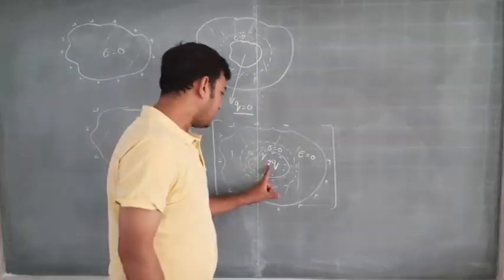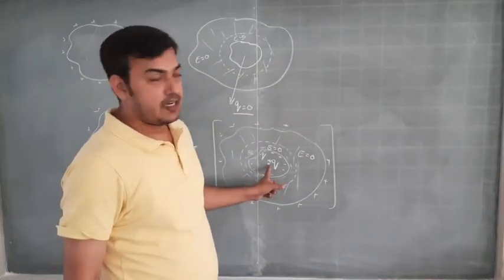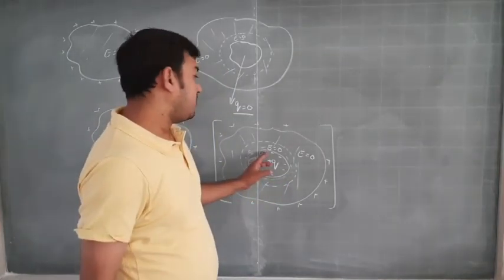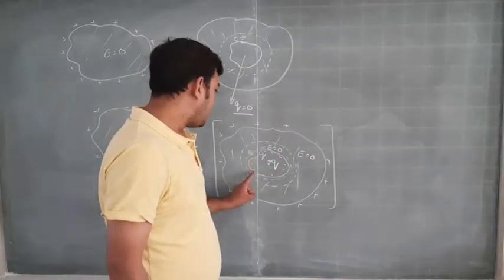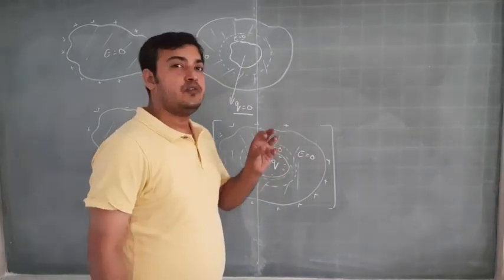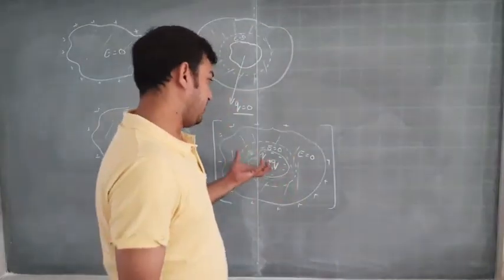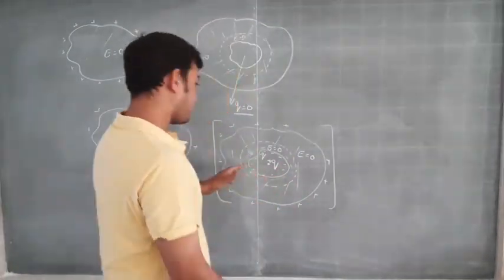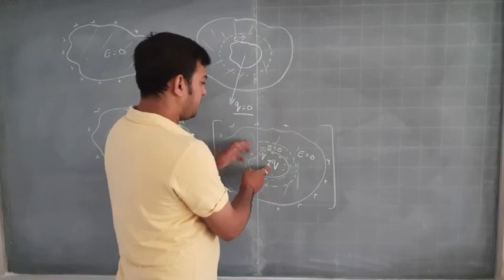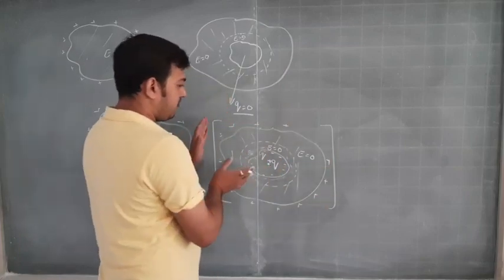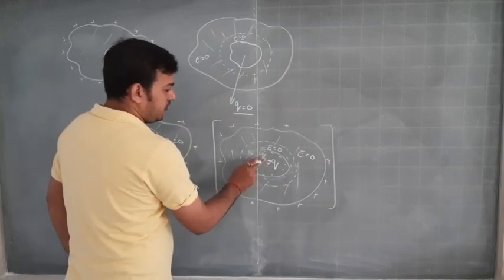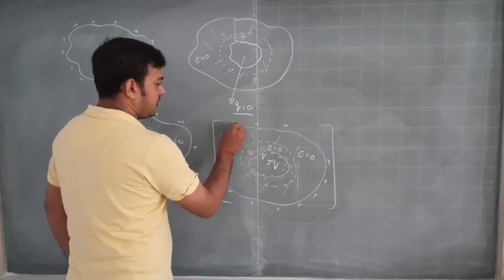So if we place a charge inside the cavity, the same charge but in opposite polarity will appear on the surface of the cavity to fulfill the conditions of electrostatics, and it can also be derived from the Gauss theorem, and the same amount of charge will appear on the outer surface. And now you will see this is plus q, this is minus q, and this one is plus q.